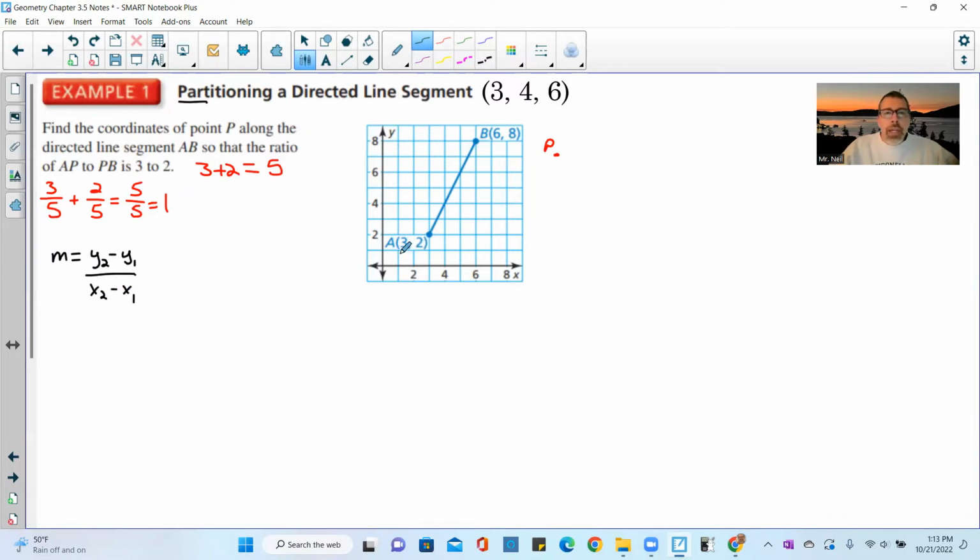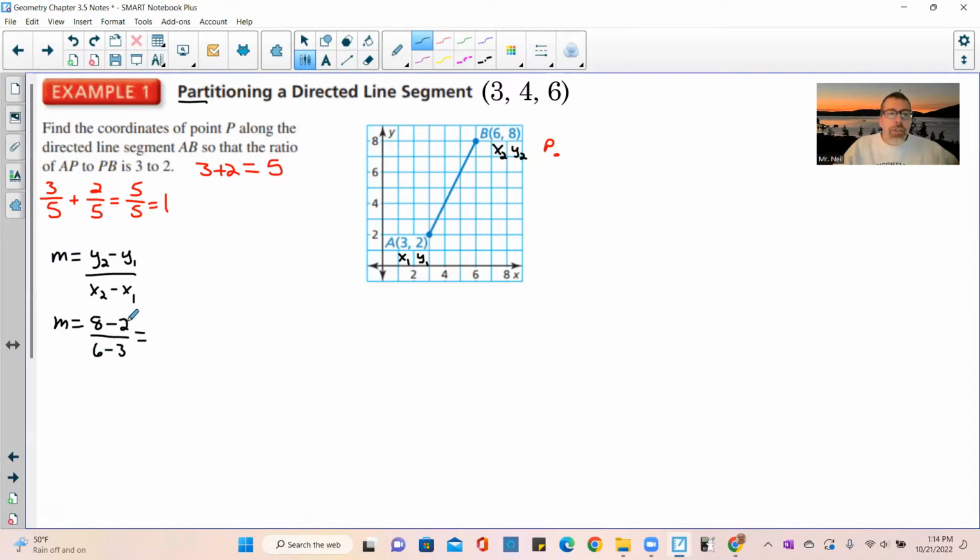Point A is the first point, so that's x1 and y1, and B is the second point, so x2 and y2. Substituting my givens, y2 is 8 minus y1, which is 2, over x2, 6, minus x1, 3.